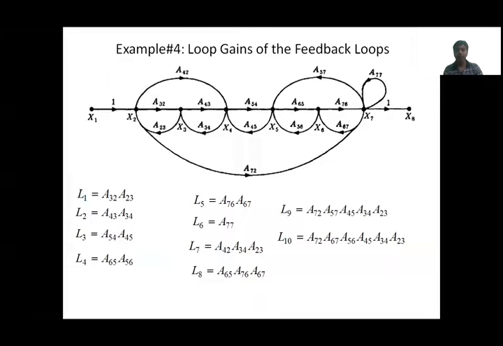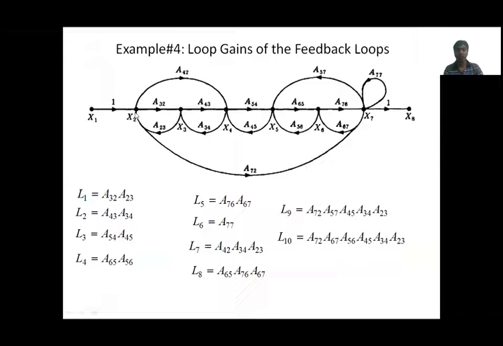Then the ninth loop starts from x2, going to x7, then coming back this way to the x2 node.